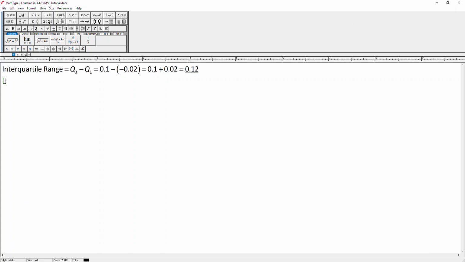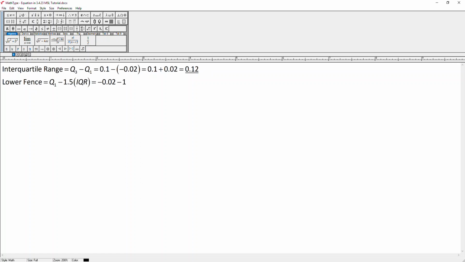Okay, the next thing we need is the lower fence and the upper fence. Lower fence is Q1 take away 1.5 IQR. That's the formula for it. And again, you don't have to memorize formulas like that. They're just right in your note sheet. Oh, I did it again with Q1, sorry. Q1, there we go. All right, Q1 was negative 0.02.